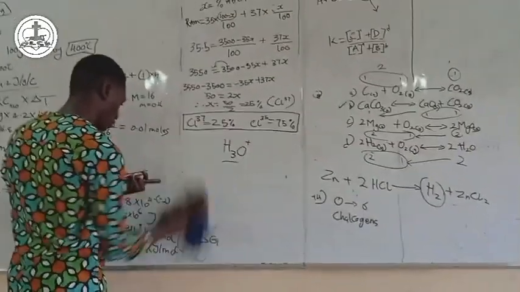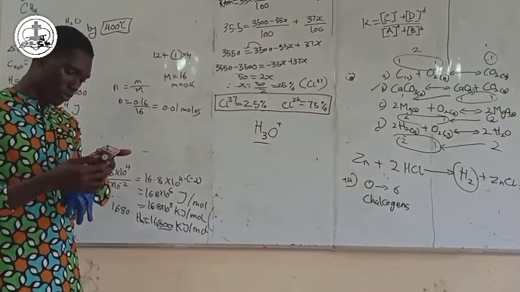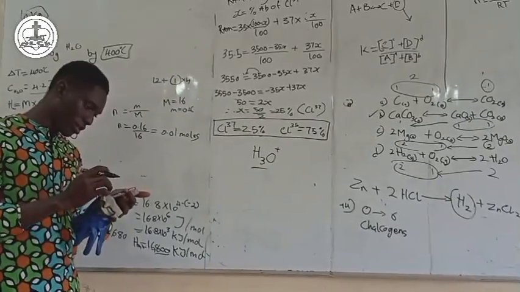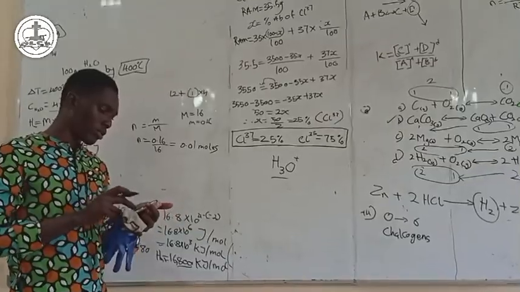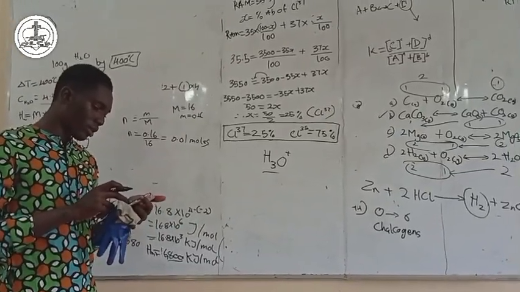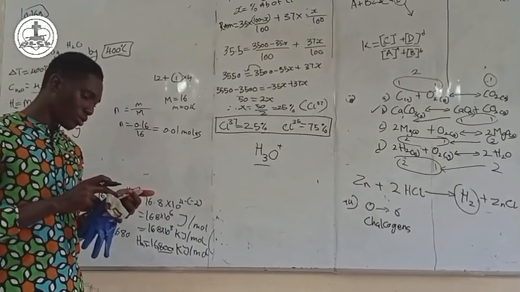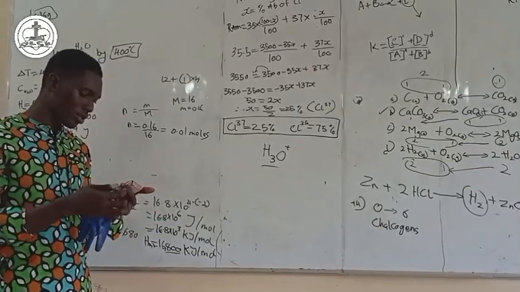Number 52 says the number of atoms in 1 mole of a substance is equal to A, the atomic number, B, Avogadro's number, C, number of neutrons, D, number of electrons, E, gas constant.